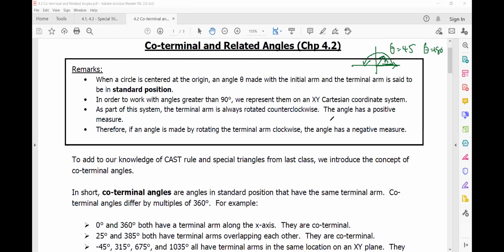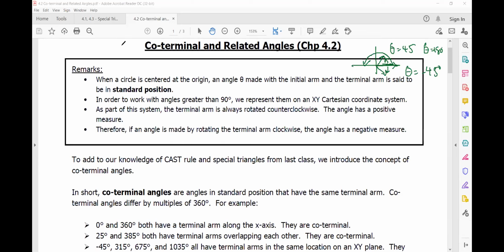It's always going in the counterclockwise direction. So if that's the case, what if I said negative 45 degrees? Logically, what direction do you think I'm turning? Counterclockwise. No, other way, clockwise. We're already moving counterclockwise, so it's going this way. That would be clockwise, negative 45.